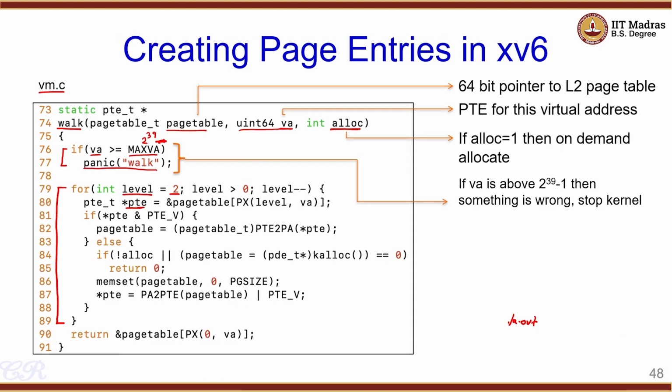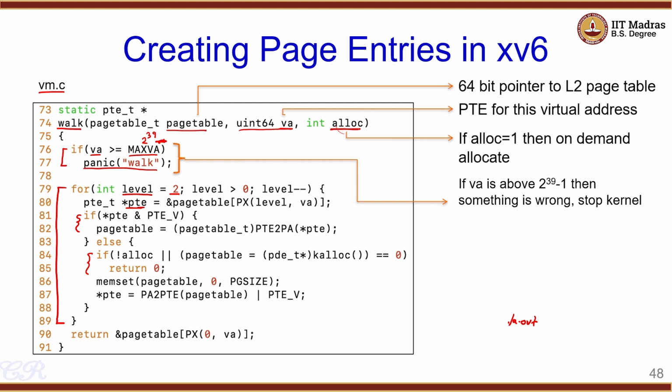Right. So if this particular page entry is invalid, that means the valid bit is set to 0, then you come to the else part, right? And in the else part, you want to determine whether you have to perform an allocation, whether you want to create a new page table or you want to create a new page frame and so on. So if the value of alloc is set to 0, then you don't need to do any of these.